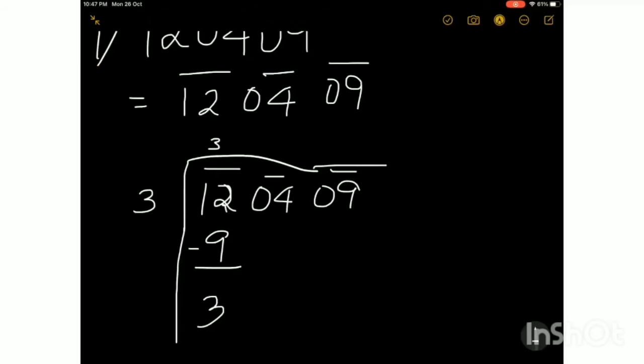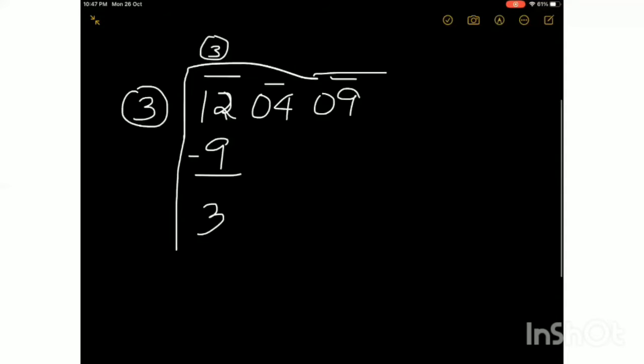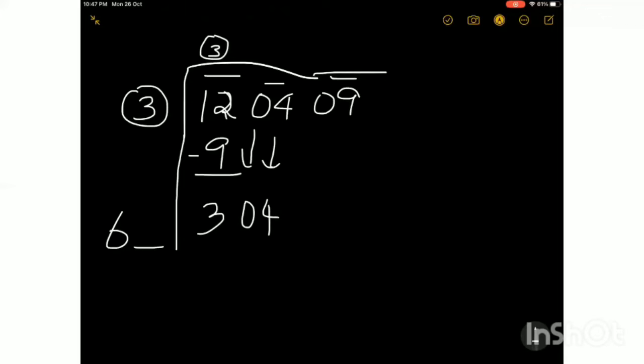And here we have to add 3 plus 3, which is 6, and derive it as a new divisor 6 and put a dash. And now we bring 04 down with 3, and we have to again guess the largest possible number. So 68 into 8 will give you 544, which we cannot write here.